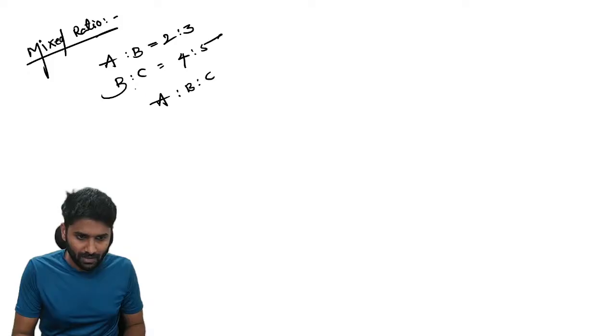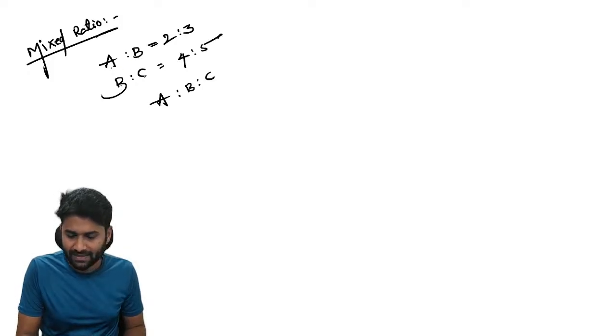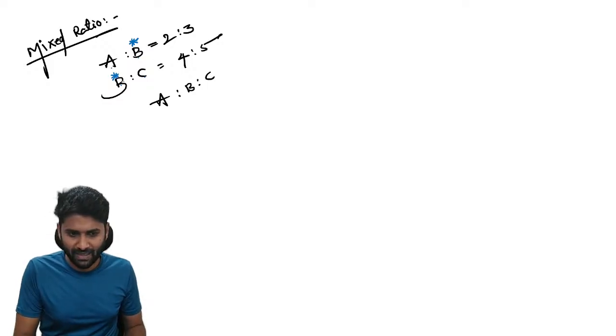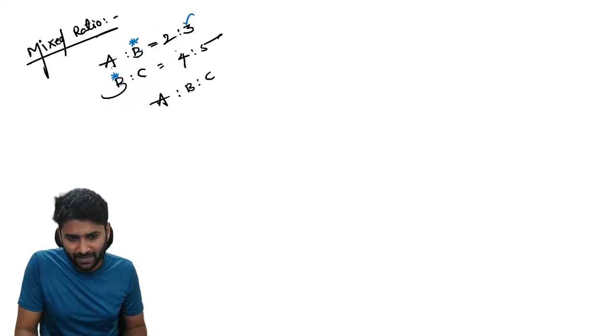Guys, if you observe the alphabets here, they are given as A, B and B, C. In these two comparisons, B is the common term. Observe carefully. If you observe the number of B, what is B's number here? 3. Here B's number is 4.